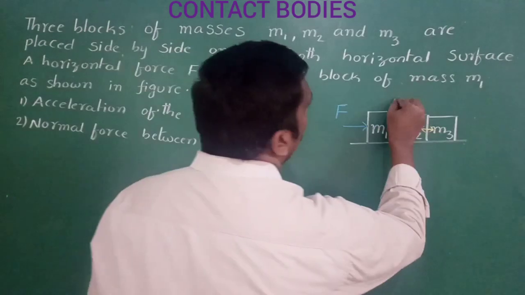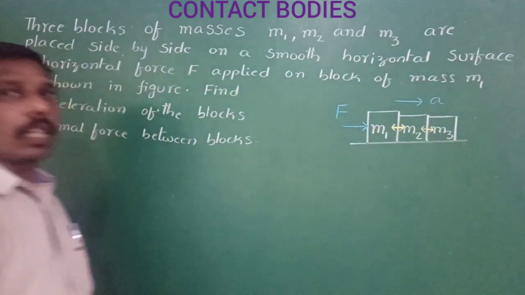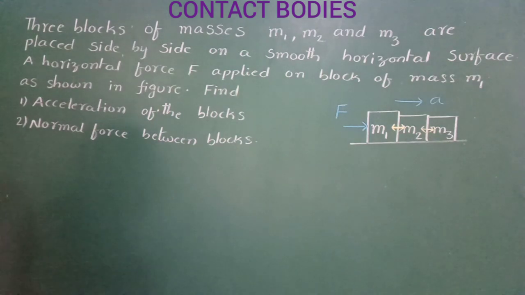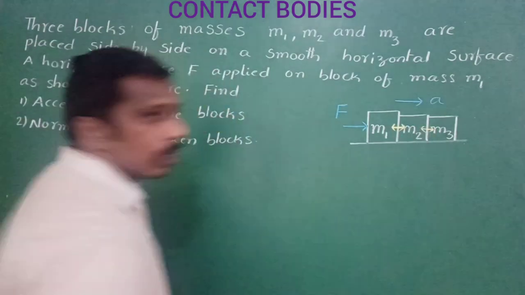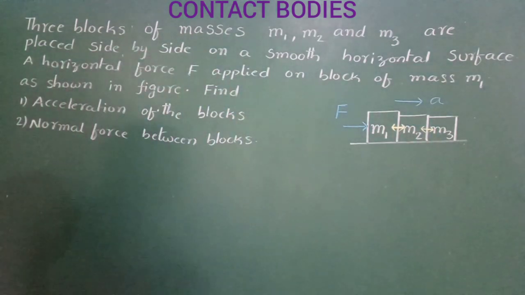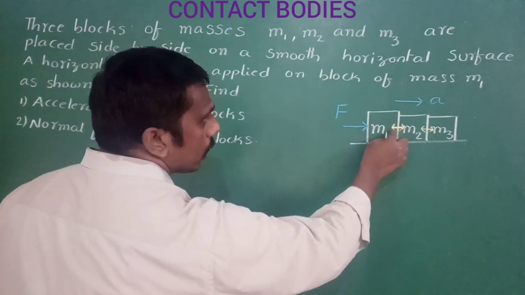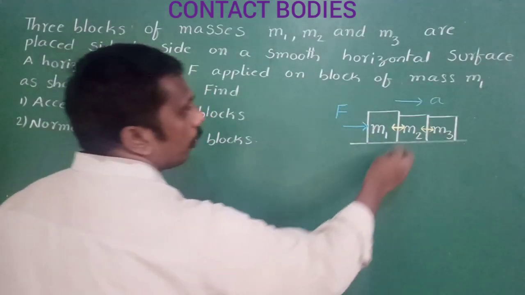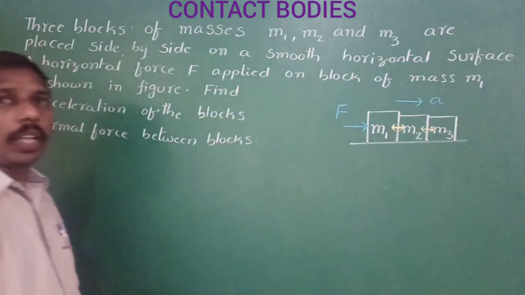Take it as A. To calculate this common acceleration, if you consider three blocks as a system, then no need to consider the internal forces. Otherwise, if you take M1 as a system, then you consider this normal reaction also. If M2 is taken as a system, then we consider normal reactions.